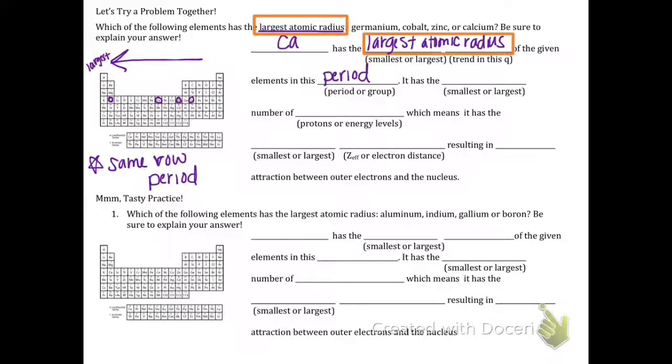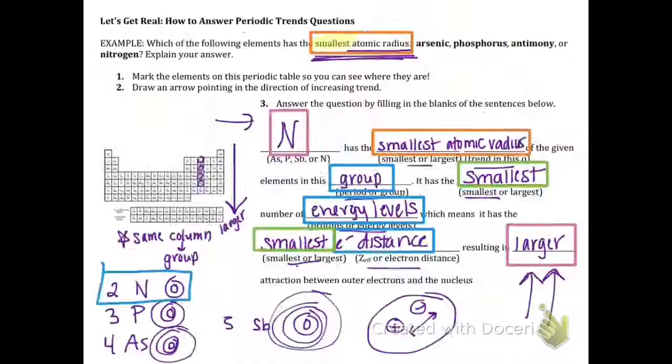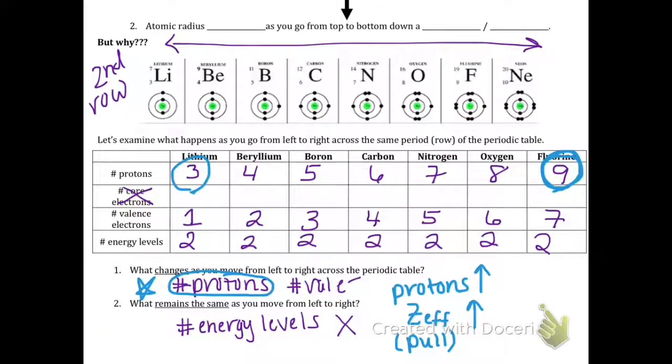Now remember, whatever goes in this period box should match whatever goes here and also what goes here. Okay, so going back to our notes, when we're talking about going across, the most important things are protons and Zeff.